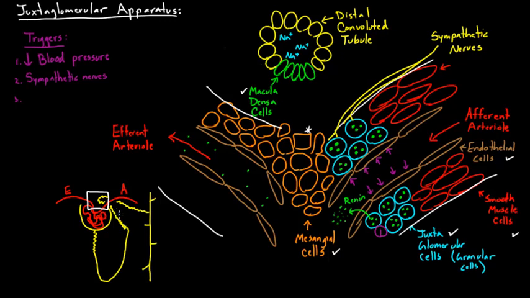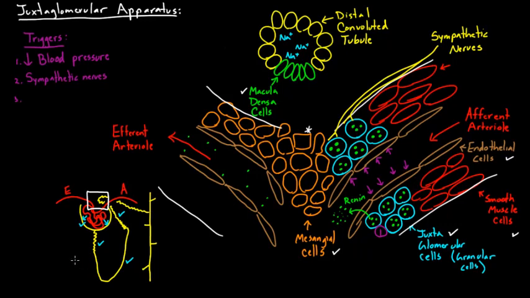If there's not a lot of sodium here, that's probably because there's not enough sodium here or here. So really, when the distal convoluted tubule senses low sodium, it's probably related to the fact that not enough sodium is getting in at the get-go, at the point of filtration.